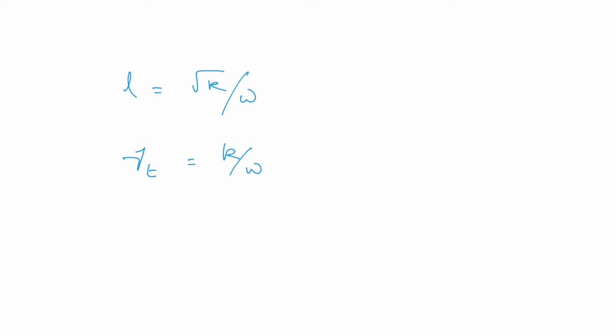The Reynolds stresses are computed using tau ij equals minus rho ui dash uj dash, which is equal to 2 mu t sij minus 2 by 3 rho k delta ij.